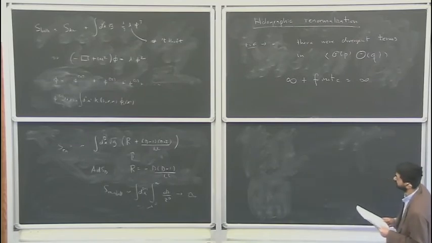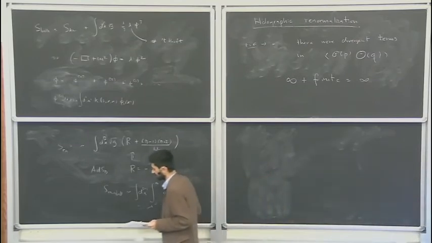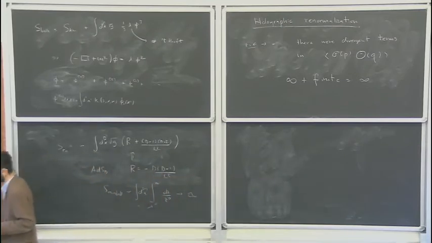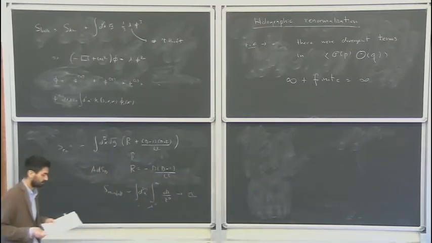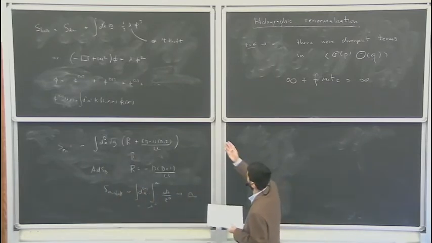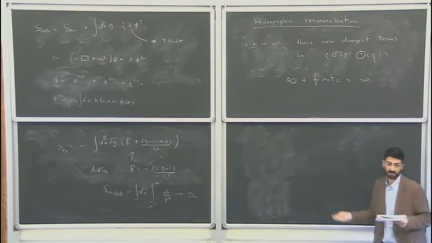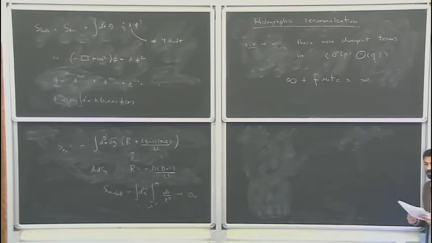So in general, you have to expand all the fields, including the metric. But for simplicity, one can sometimes focus on one case or the other. For example, here we consider the scalar in a fixed background. But if you have the coupled system, then it is a bit hopeless or naive to think that the metric will always be exactly ADS.